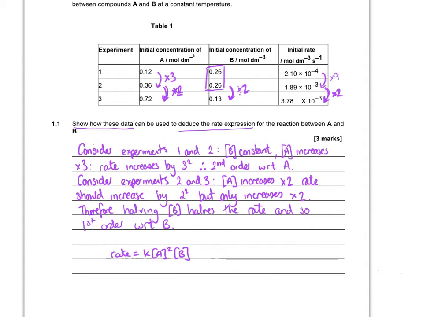In terms of the scoring, we get 1 mark for successfully explaining that bit, another mark there, and a mark for the rate equation. If you had put numbers in on the table at the top, that may have been interpreted by the examiner as explaining how you worked out the order with respect to the concentrations of A and B. Be careful. Some people for some reason said multiplied by 2 there, where it's clearly being halved.